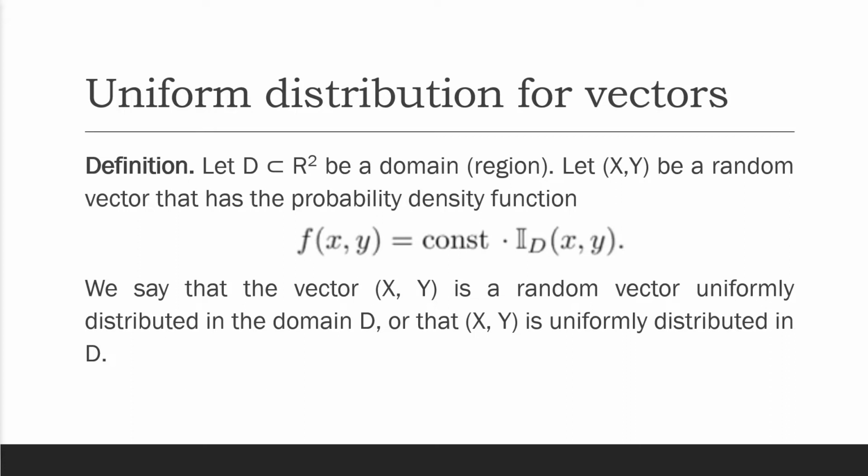Let (x, y) be the random vector that has the probability density function f of x, y, which is equal to a constant times the indicator function of (x, y) in D. We say that the vector (x, y) is a random vector uniformly distributed in the domain D, or that (x, y) is uniformly distributed in D. It can be shown that the constant here is uniquely defined from the equality. So, what is that equality?